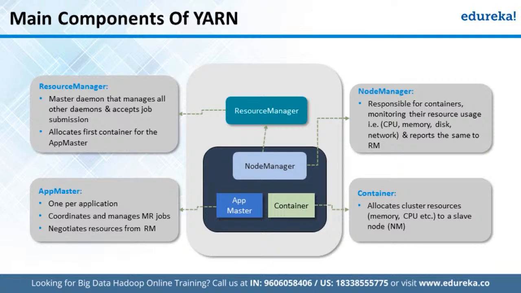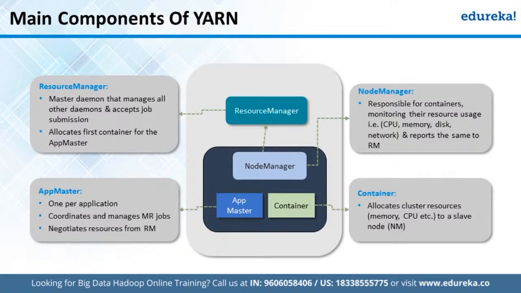Ultimately the resource manager has to release the resources, saying that this much space, this much CPU, this much memory is needed, and then it goes to the node manager, and the node manager is responsible for monitoring containers and their resource usage, and reports it to the RM.